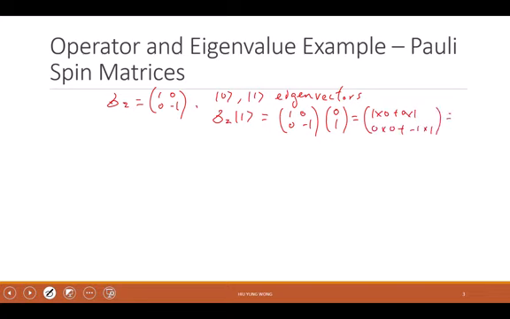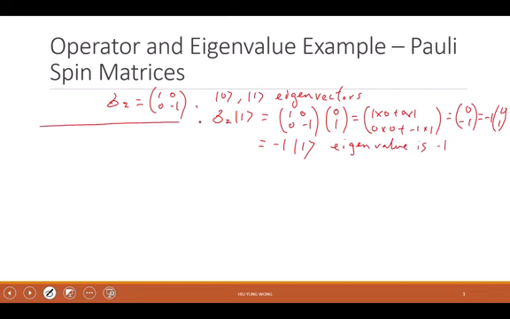What is this? Well, the top is 0, the bottom is negative 1, which is equals to negative 1 times 0, 1. That means this is equals to negative 1 times 1, right? So its eigenvalue is negative 1. That is what we learned in the last slide, right?